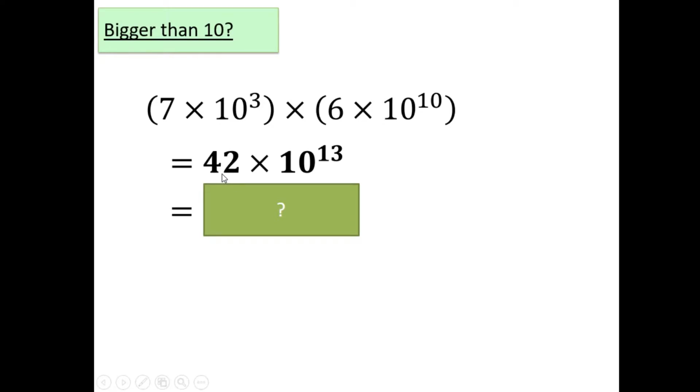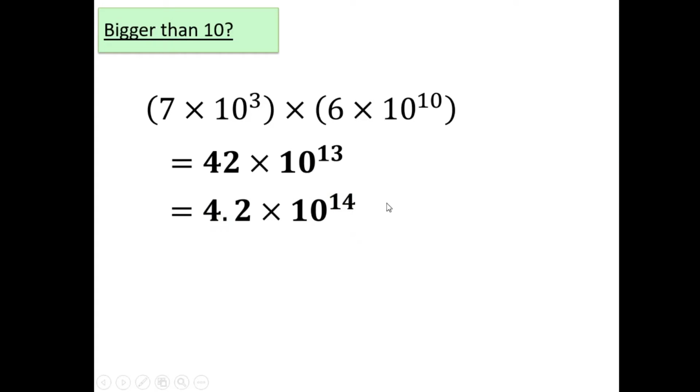In other words, I'm changing it into 4.2, but to change it to 4.2 I now have to times it by an extra 10 in order to keep the same value. So we move it to the left and we add 1 on to this power, giving us 4.2 times 10 to the power of 14.